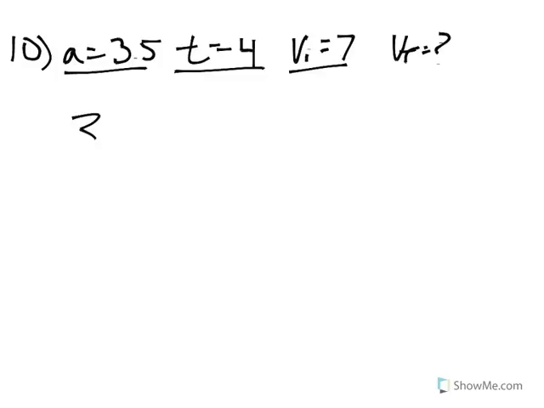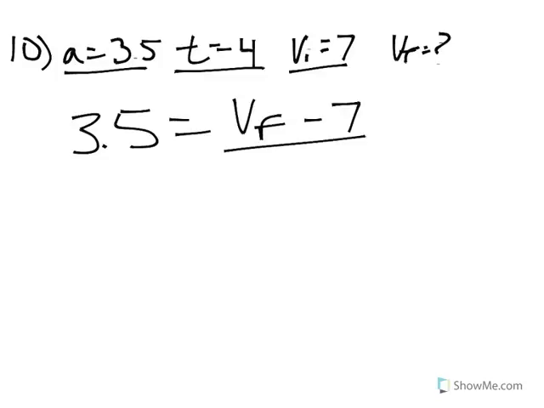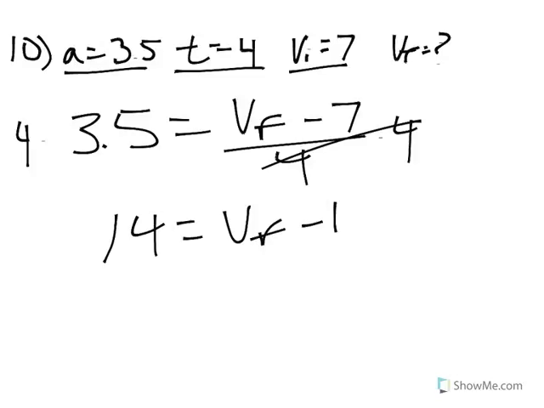So we get 3.5 equals VF minus 7 over 4, which is A equals VF minus VI over T. Multiply the 4 up. Cancels that out, and we have 14 equals VF minus 7, and so then we add 7, and we get 21 equals VF.